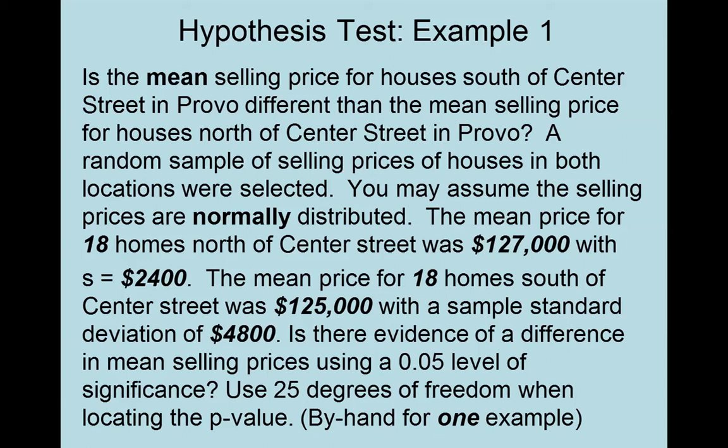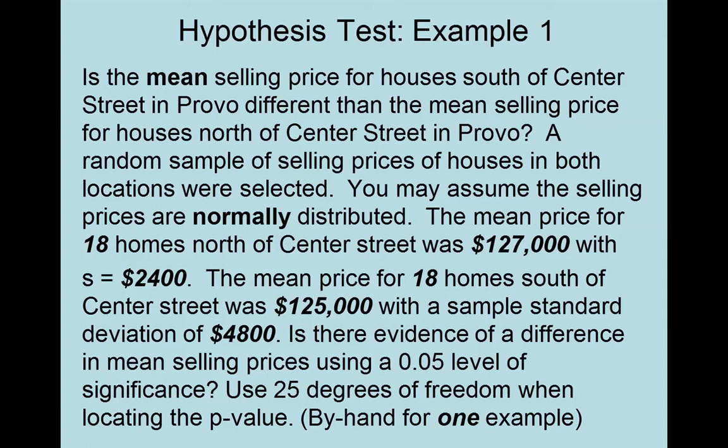The mean price for 18 homes north of Center Street was $127,000 with a sample standard deviation of s equal to $2,400. The mean price for the 18 houses south of Center Street was $125,000 with a sample standard deviation of $4,800. So that's all your background.